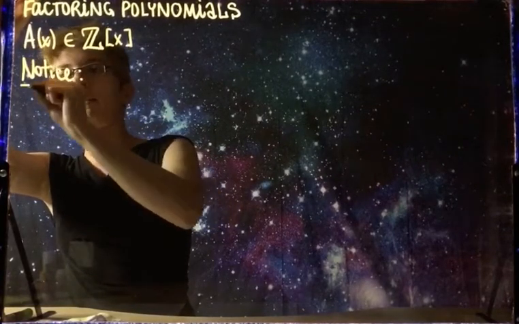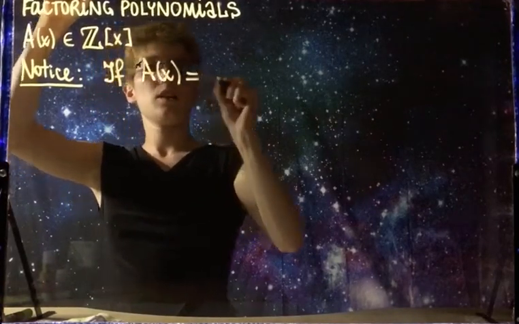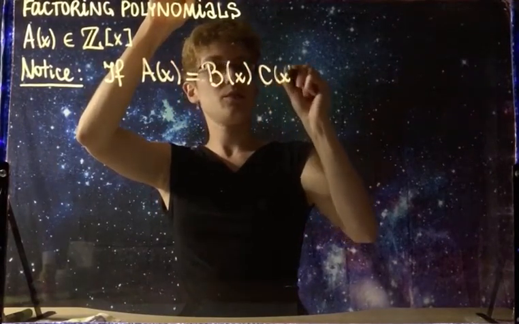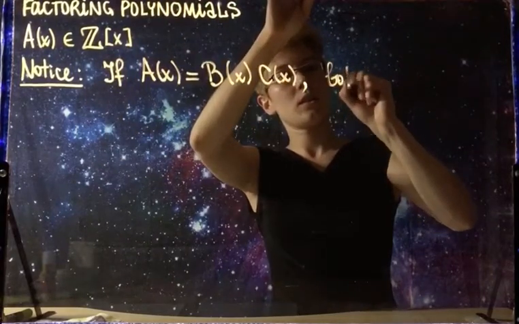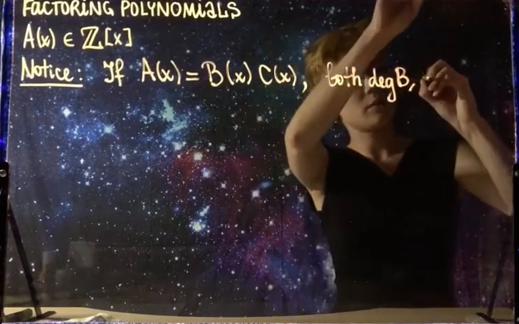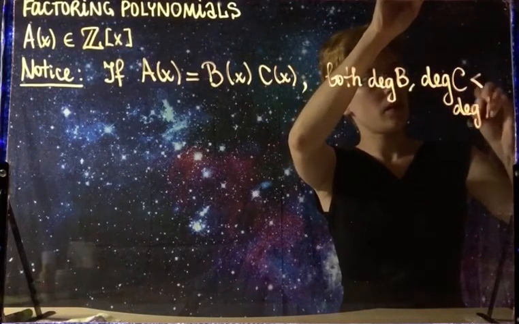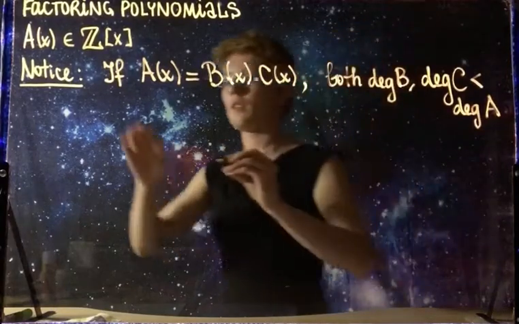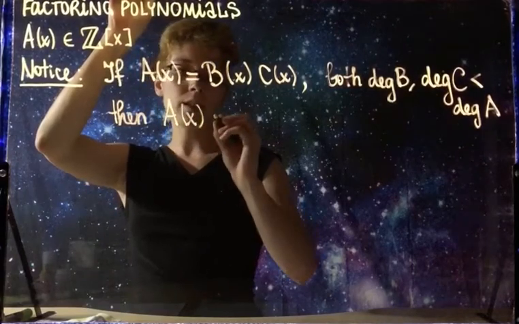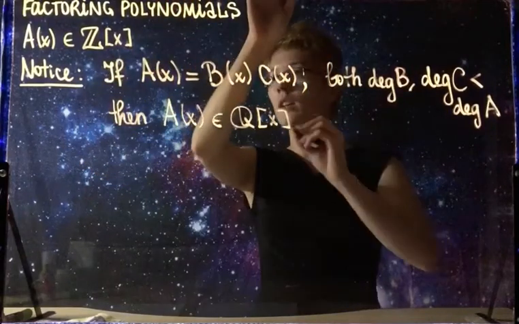We can notice that if a of x decomposes into a product of two polynomials b of x and c of x, such that both b and c have a smaller degree than a, smaller than the degree of a, then a of x, considered as a polynomial with rational coefficients, is also reducible.